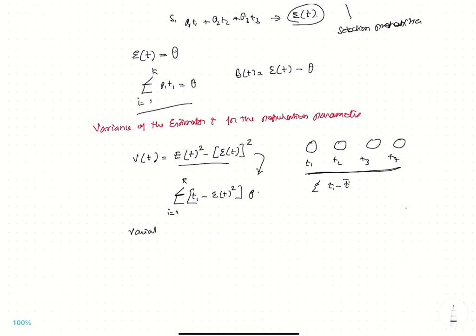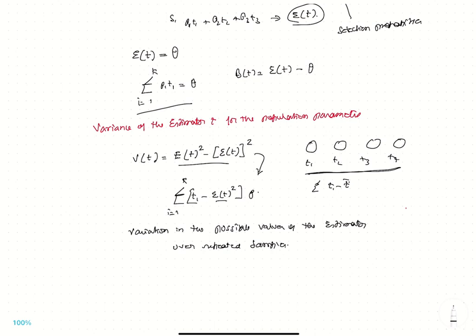So obviously the variance would be large if there is a large difference in the possible values, and small if the possible values are close to each other.